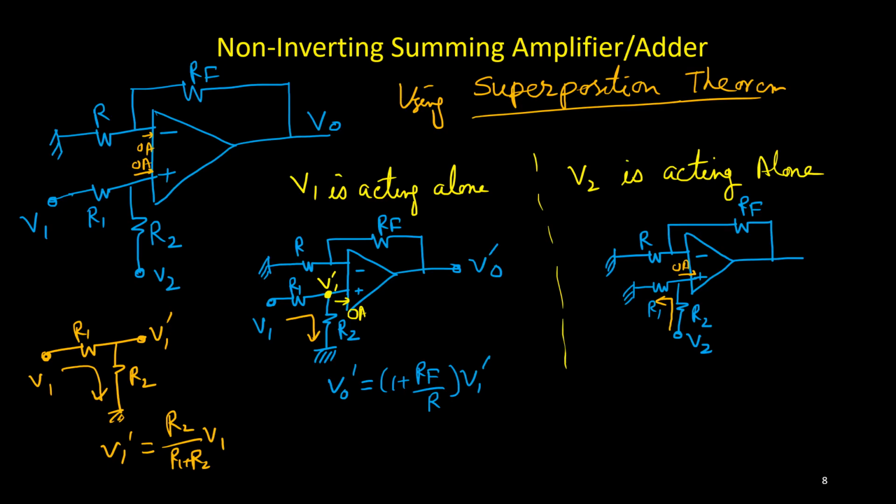So now this potential is V2 prime, and this time the output is V0 double prime, suppose. So V0 double prime will again be 1 plus RF by R times this V2 prime, because of the non-inverting gain, where V2 prime is simply from the potential divider circuit and it is the potential across R1.